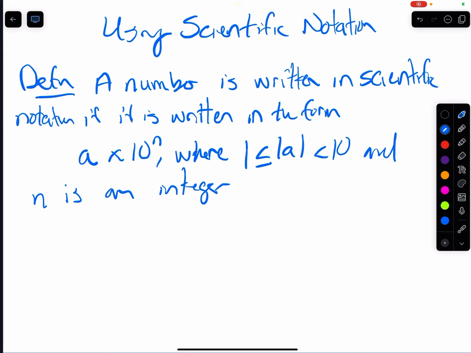So let's consider converting from standard notation to scientific notation. Let's imagine for a second that we have the distance to the Andromeda galaxy from Earth.